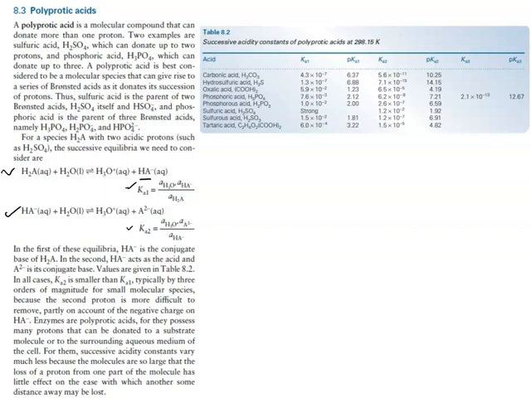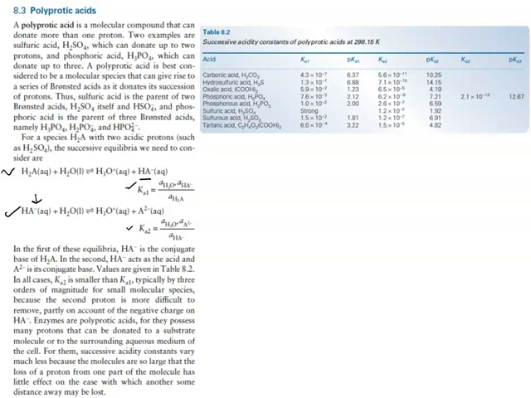And the first proton is always the most acidic, easiest to give up. As we start to add charge, giving up a positive charge becomes harder because of its natural attraction to the negative charge on the conjugate base. Therefore, each successive dissociation becomes less likely to occur.